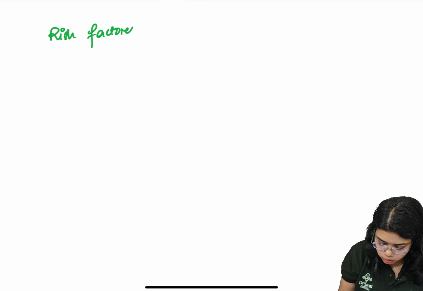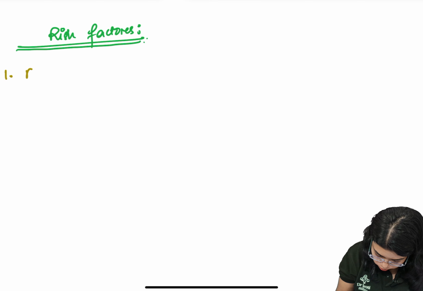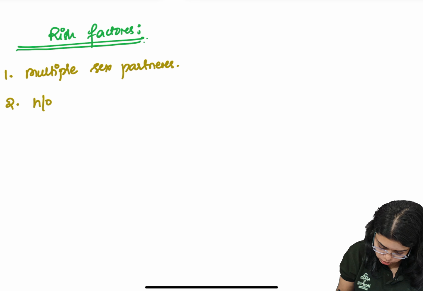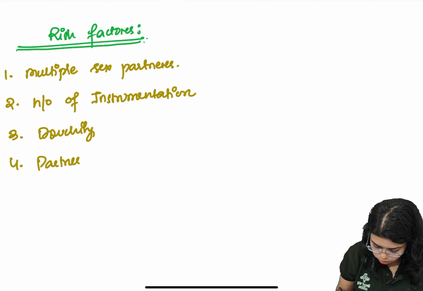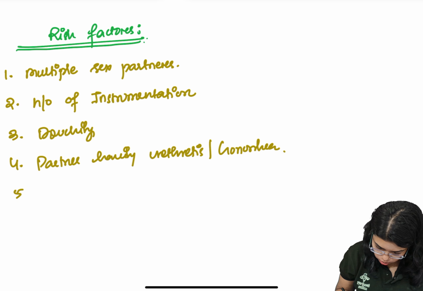So the risk factors are: multiple sex partners, history of instrumentation, douching, partner having urethritis or gonorrhea infection, low socioeconomic status and young age.